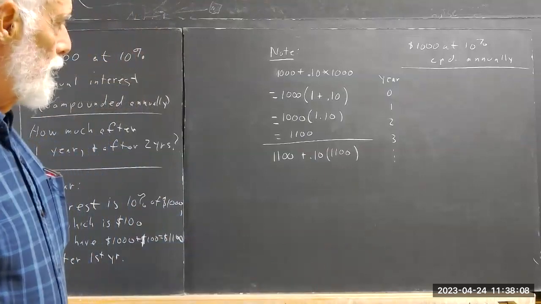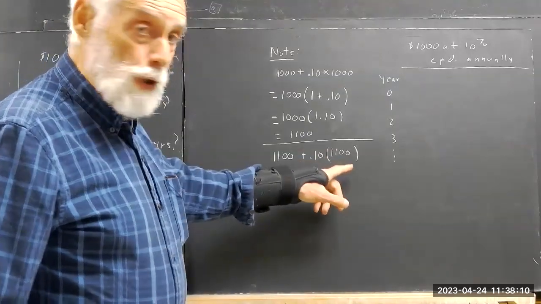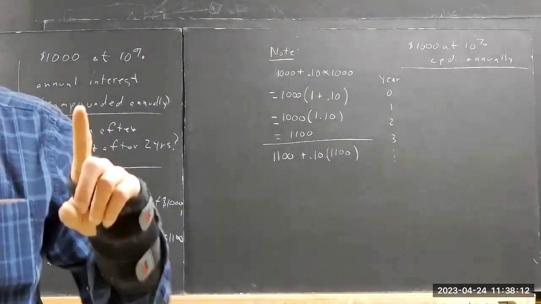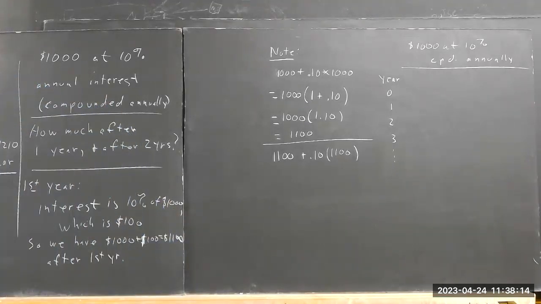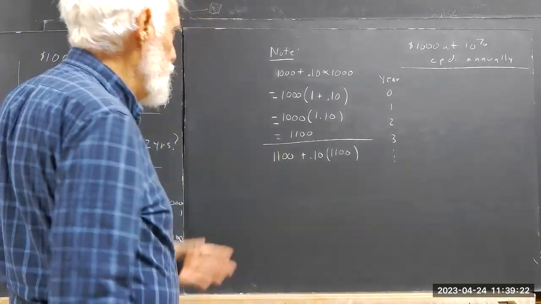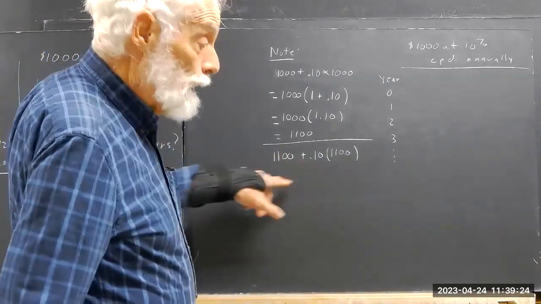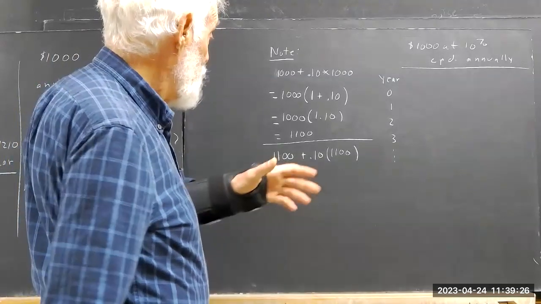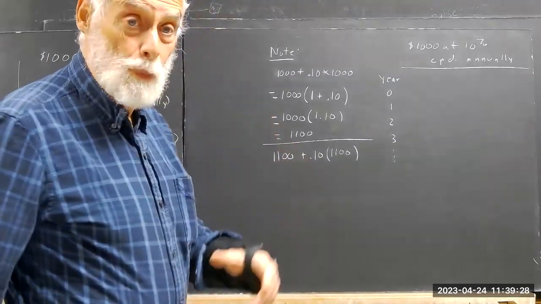How can we calculate 1100 plus 0.10 times 1100 with just a single multiplication? Okay, now we saw this very quickly, very nicely, and everybody just wrote down 1,000 times 1100 times 1.10.